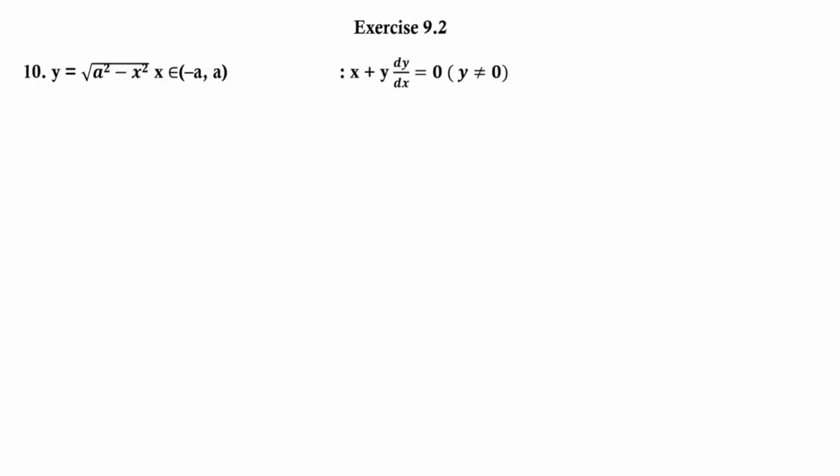The next question is y is equal to root of (a square minus x square), x belongs to (minus a, a). So first let us differentiate this. dy by dx is equal to 1 by 2 into root of (a square minus x square) into minus 2x. So this 2 will go.